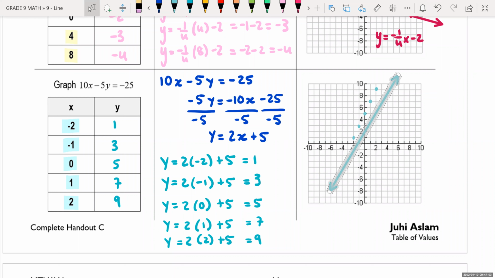Okay, now you're going to watch me struggle. I'm going to pause. I have succeeded. I'm going to label this. It doesn't matter. You can label it the original or the rearranged. I'm just going to go ahead and label it y is equal to 2x plus 5.